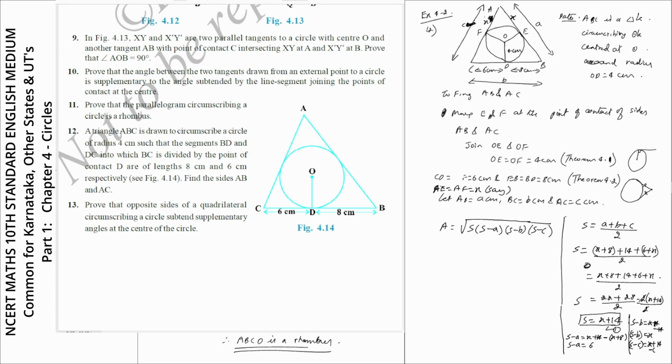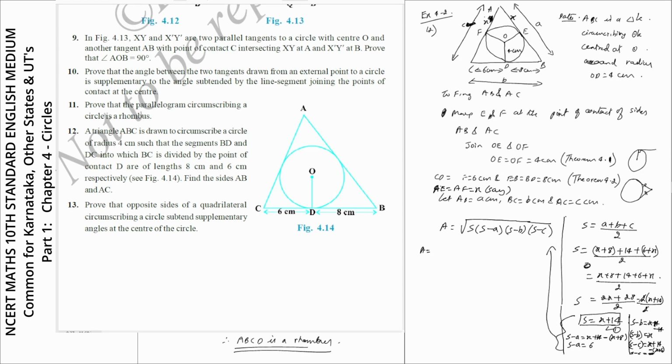C is nothing but AF plus CF, that is X plus 6. So S minus C is equal to, the X and X will get cancelled, 14 minus 6 is 8. So I will substitute the values of all these four values in this equation.